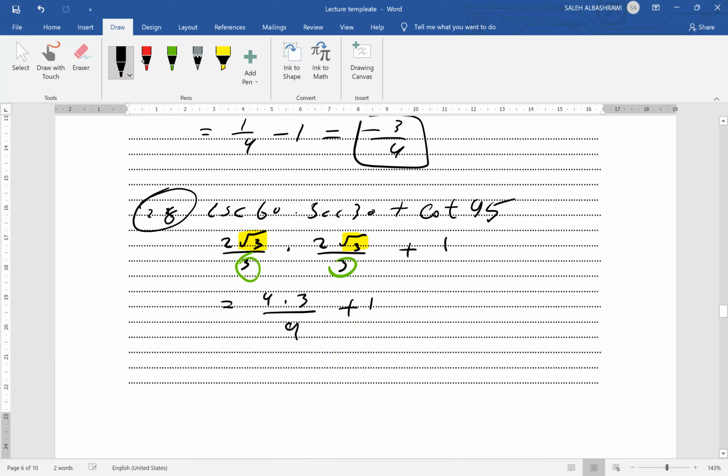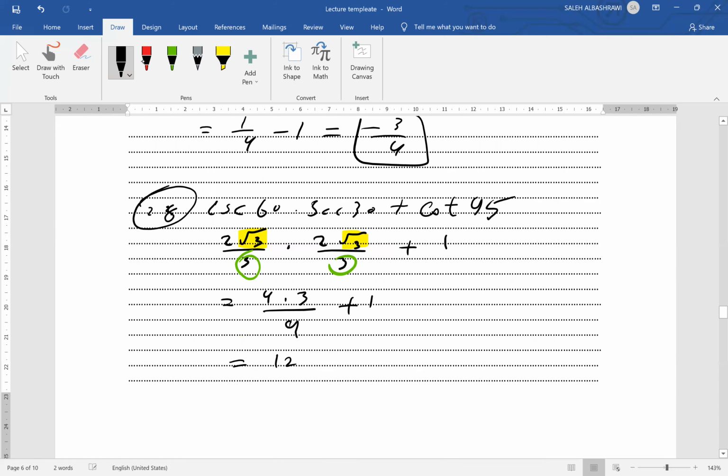So this is equal to 12 over 9 plus 1, which is equal to 12 plus 9 over 9, or 21 over 9. Or simplify by 3, it is 7 over 3. So this is the exact value for the last expression, cosecant 60 multiplied by secant 30 plus cotangent of 45.